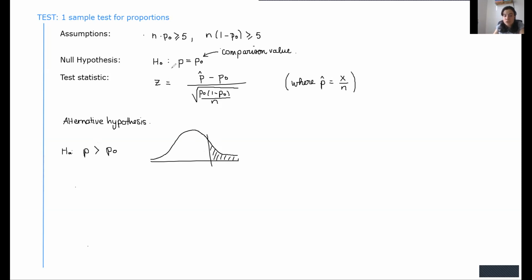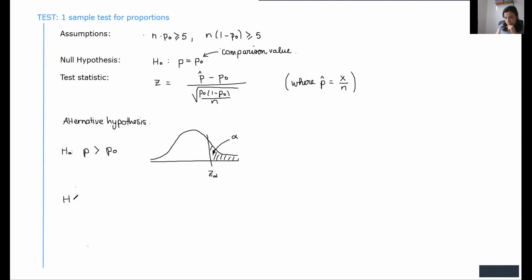Now, this one over here is a Z test, which means that this is going to be Z alpha, where the tail area is equal to alpha. So everything depends on the significance level that I choose. The smaller the significance level, the more evidence I require in order to contradict my null hypothesis.